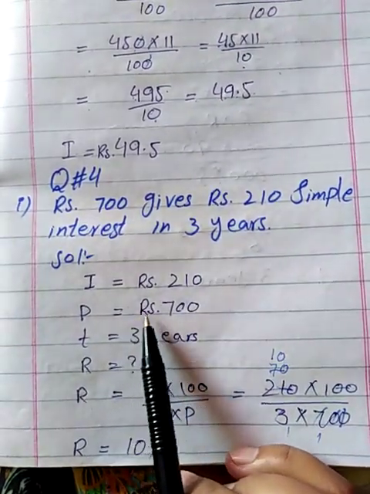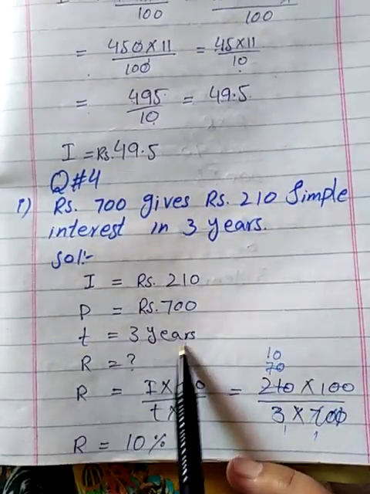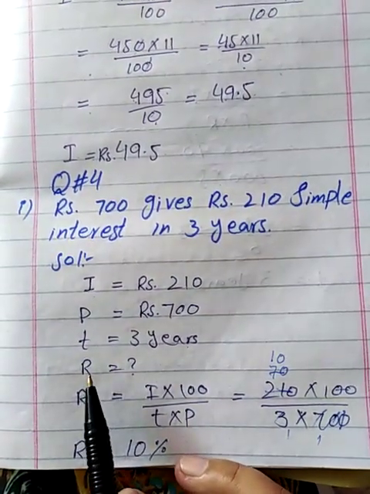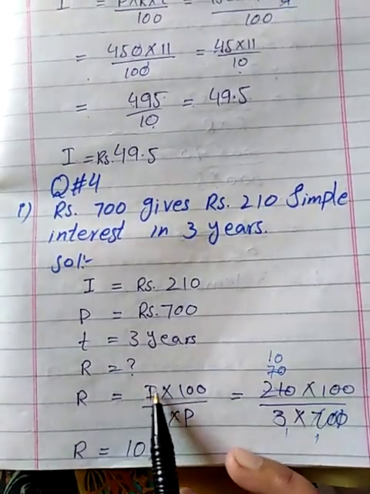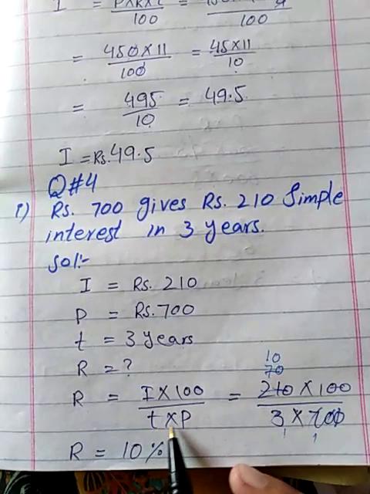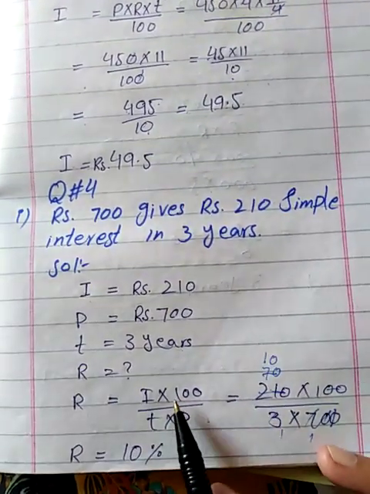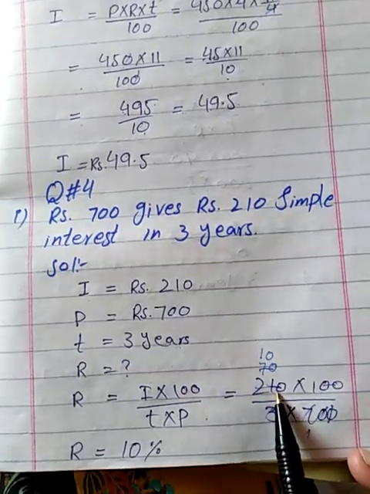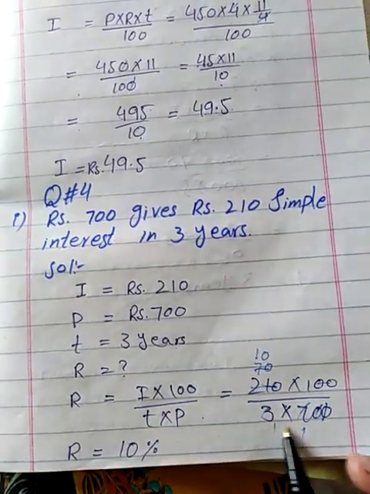Principal amount is equal to rupees 700. Now time is equal to 3 years. We will find the rate. Now R is equal to I multiplied by 100 over T multiplied by P. It is equal to interest is equal to 210 multiplied by 100 over time is equal to 3 multiplied by 700.